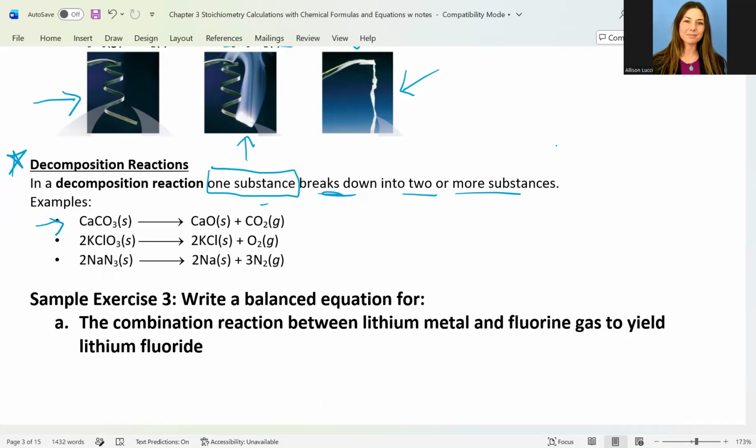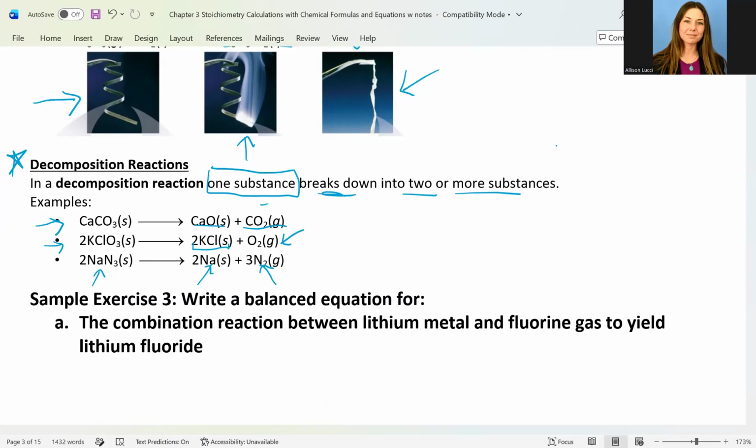It can be heated or decomposed in some other fashion, and we get solid calcium oxide and then also CO2 gas. So one thing turns into 2 or more. That's the pattern for a decomposition reaction. Then we have potassium chlorate here, which when it decomposes, we get 2 potassium chlorides and some oxygen gas. And then lastly, we see sodium azide here. We get some sodium metal and then nitrogen gas.